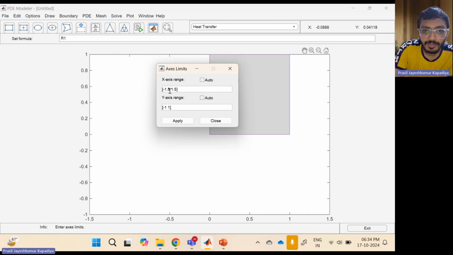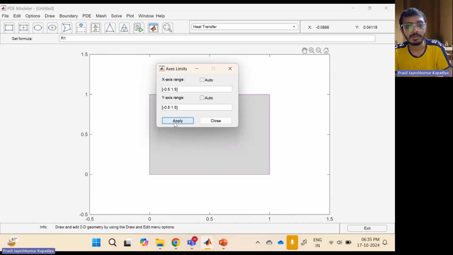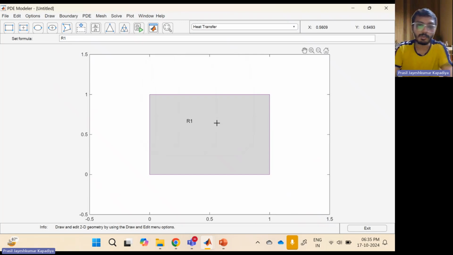I can keep x from minus 0.5 to 1.5, and here also the y-axis from minus 0.5 to 1.5. I can apply it. So this is how my problem statement looks.